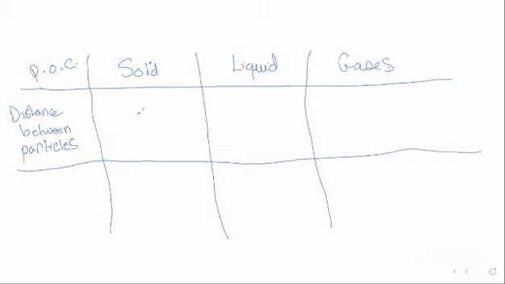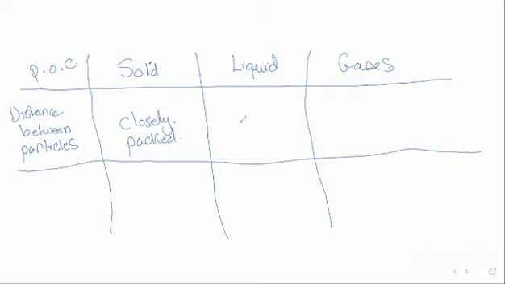Distances between particles. Yes, for the solids, they are very closely packed, as we saw in the previous page. And why are they closely packed? If someone asked me why they are closely packed, they do not have energy. Attraction force is very high.